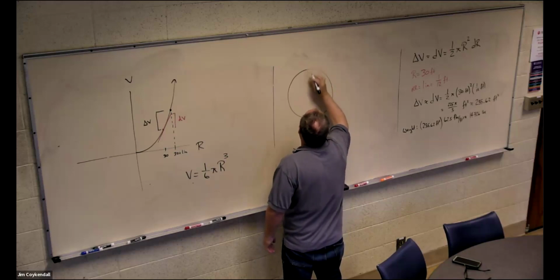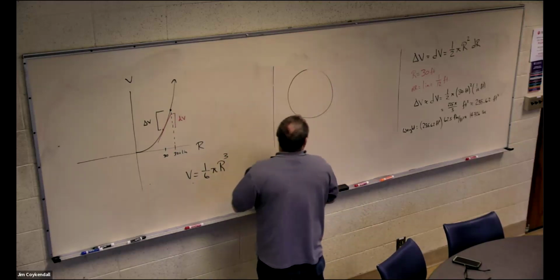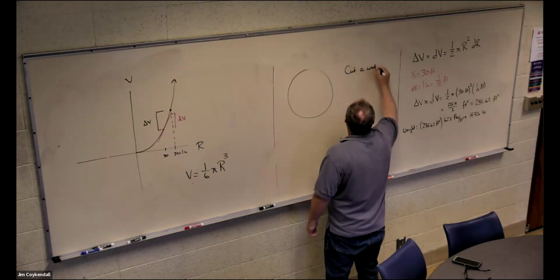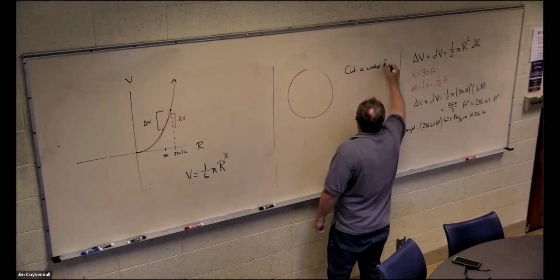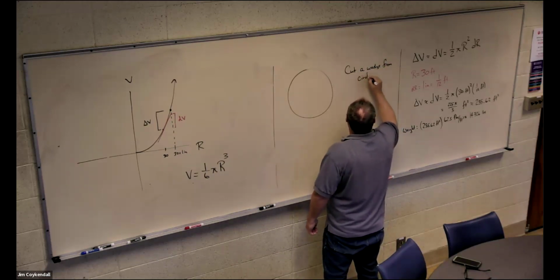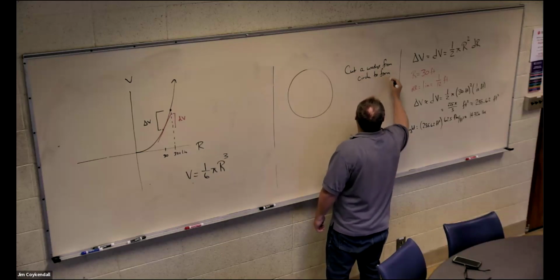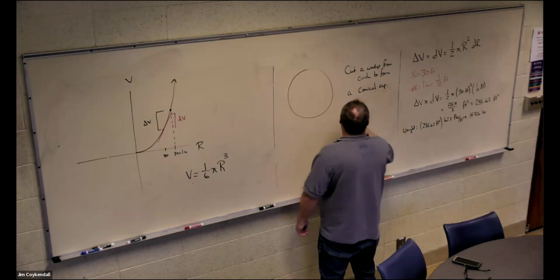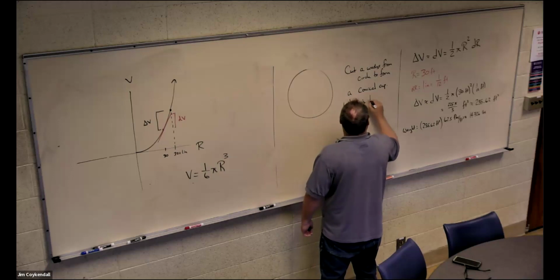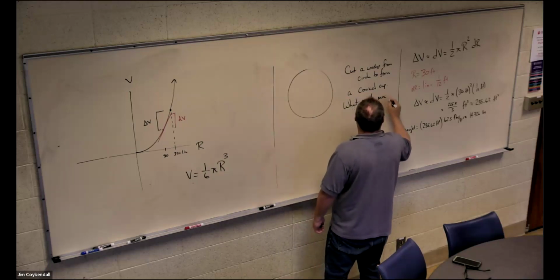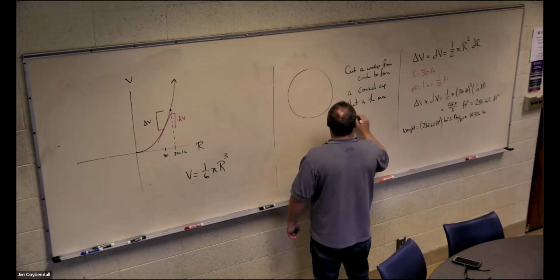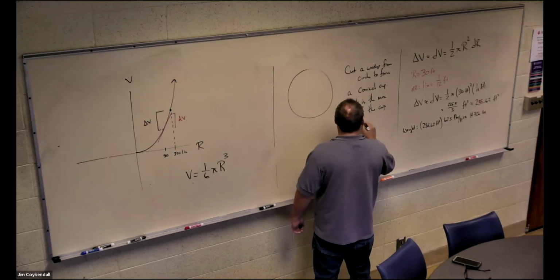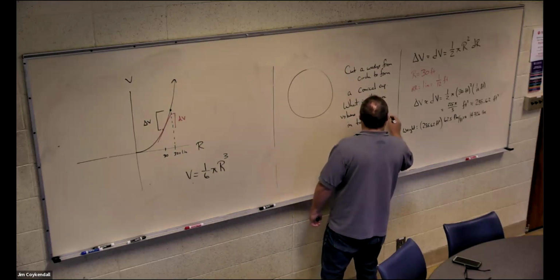What was the problem last time? We had the circle and the instructions were to cut a wedge. What is the maximum volume of the cup in terms of radius?